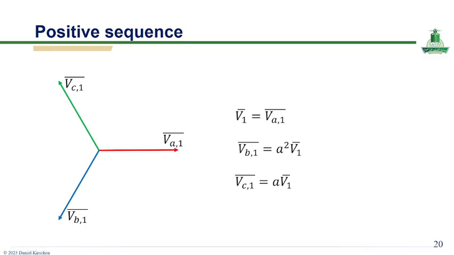As shown in this slide, each phase has the same magnitude but is phase shifted relative to the others. Mathematically, the reference phasor is V1, equal to VA1, while the other phases are derived using the operator a, such that VB1 is equal to a² V1 and VC1 is equal to a V1.